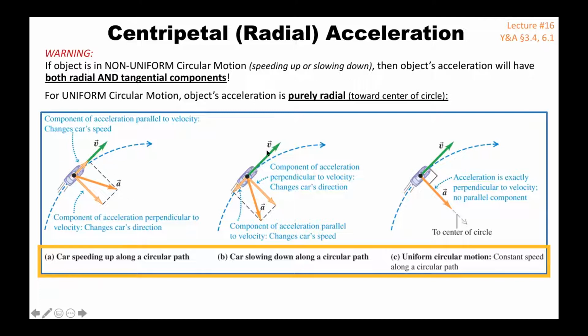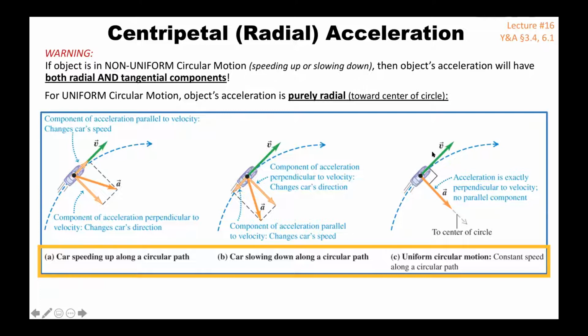And the same thing would be true if the object were slowing down. Then it would have a backward acceleration plus an inward acceleration because of the circular motion, the curve here of the circular path. And then the net acceleration will be, again, not toward the center of the circle. The only time the acceleration is exactly toward the center of the circle is if the speed of the object along the path is neither speeding up nor slowing down.